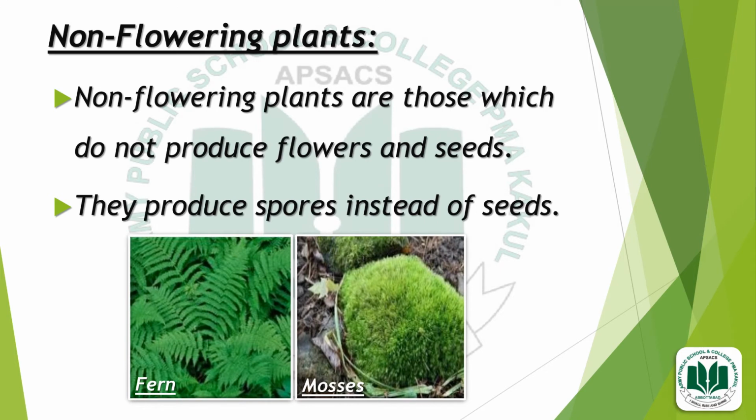Dear students, non-flowering plants do not grow flowers and use either seeds or spores, which are very tiny parts of a plant that can be used to reproduce, to grow more plants just like them. Mosses and ferns are examples of non-flowering plants.